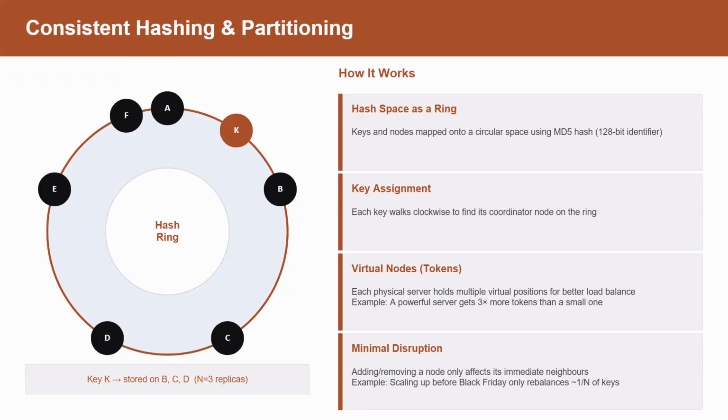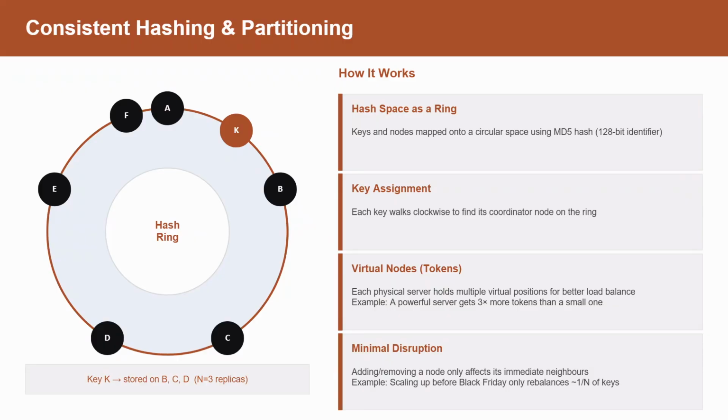Both the servers and the data keys are placed around this ring using a hash function called MD5. Now, when a new piece of data comes in, for example a shopping cart, Dynamo moves clockwise around the ring until it finds the correct server.